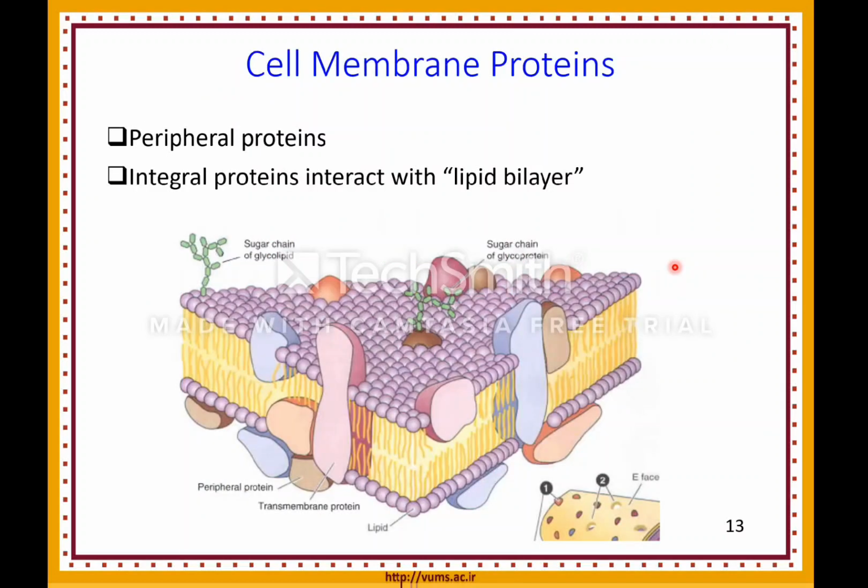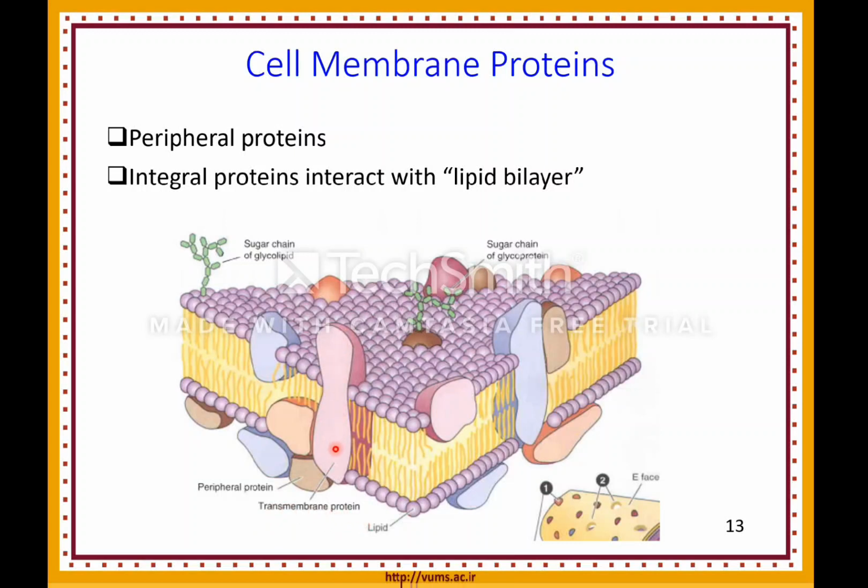The other component that we can see in the cell membrane are proteins. There are two types of proteins in the cell membrane: peripheral proteins and integral or transmembrane proteins.